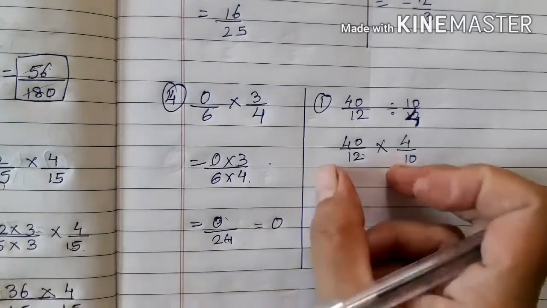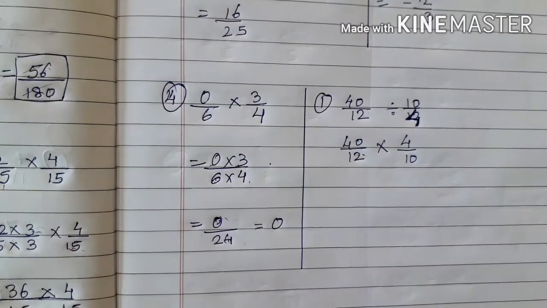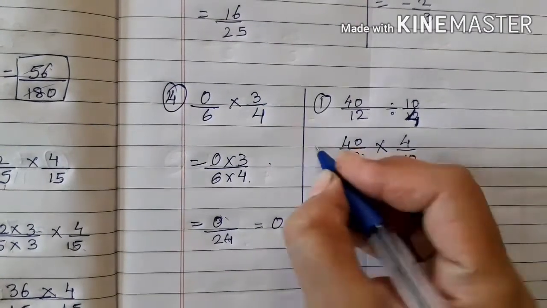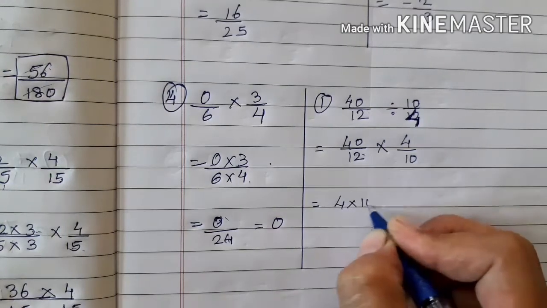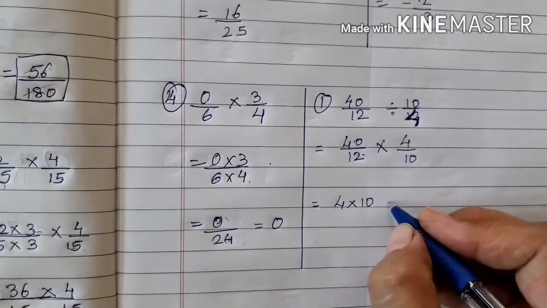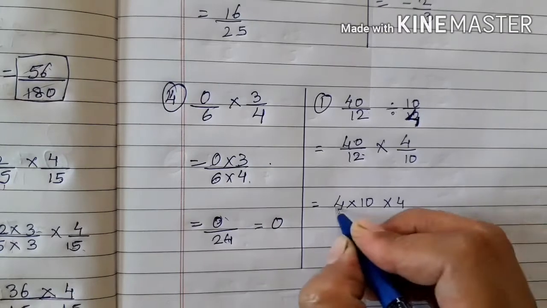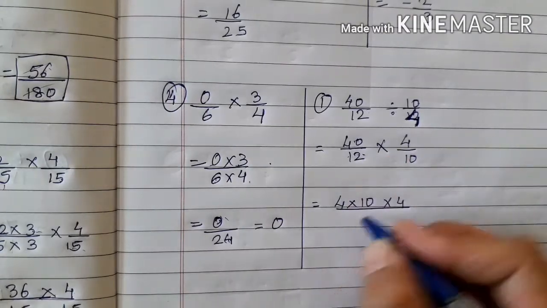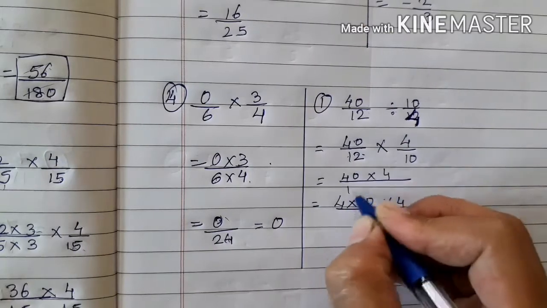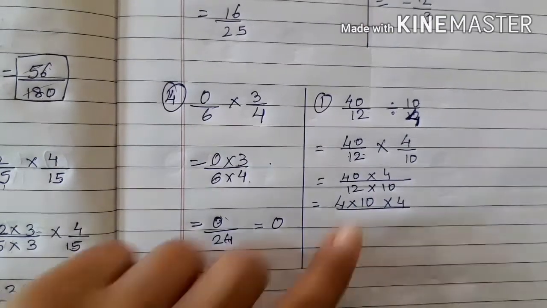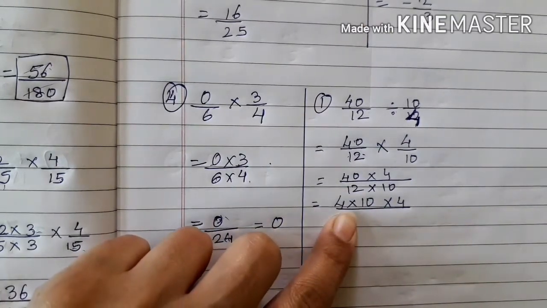Got it? Rest, the steps you all do for multiplication, that you all have to do. So what you are going to do is 4 multiplied by 10. 4 tens are 40, right? Into 4. And for 12, sorry, I forgot to write this step. First this step and then this step, right?